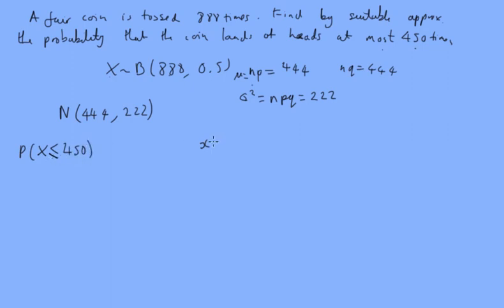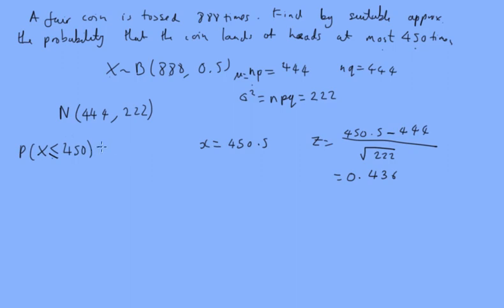So x is going to be taking the value of 450.5, so the upper limit. So our value of z will be 450.5 minus 400 over the square root of 200, which comes out to 3.57.